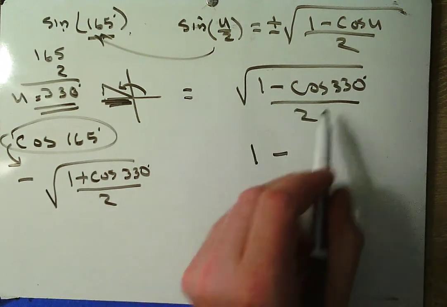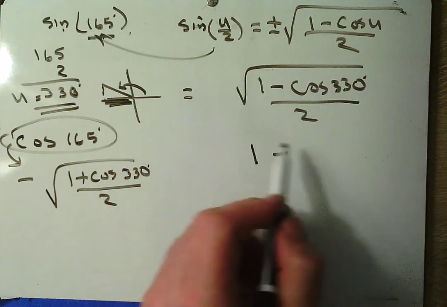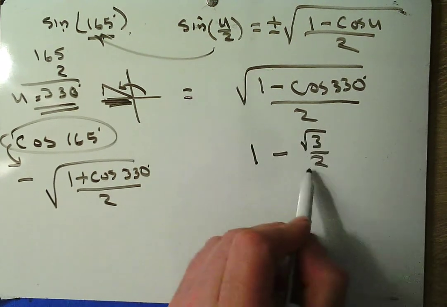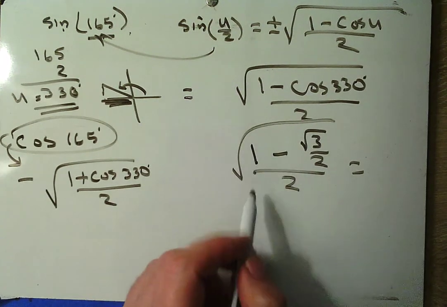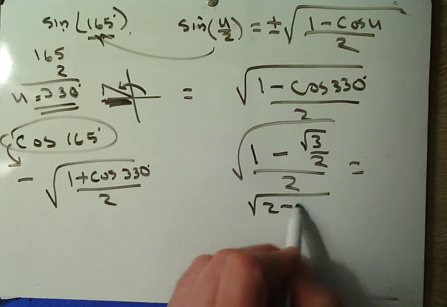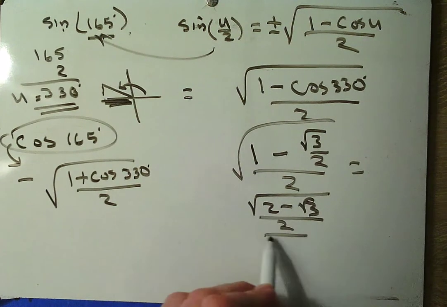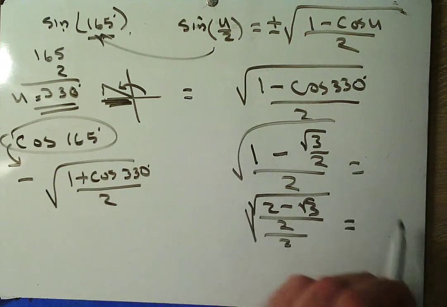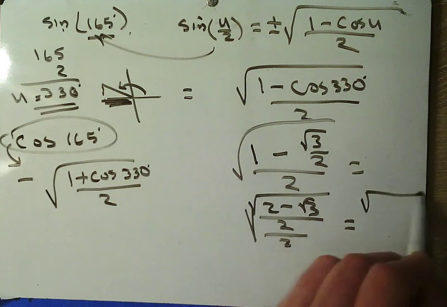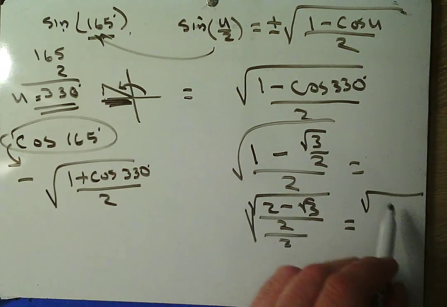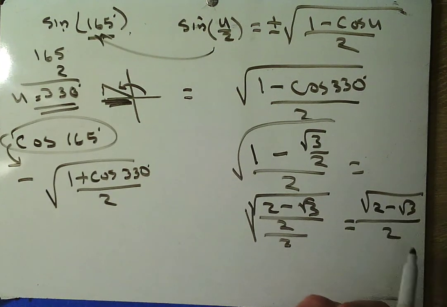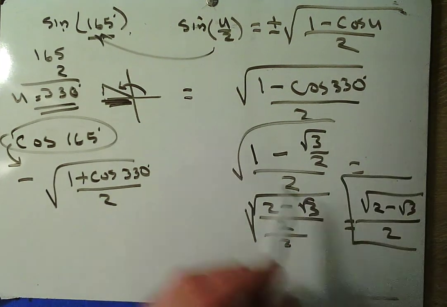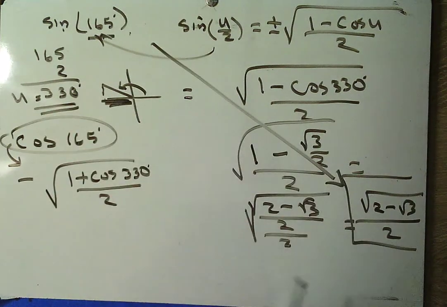We have 1 minus, the cosine of 330 degrees is root 3 over 2, over 2. I do the common denominator up top, 2 minus root 3 over 2 over 2. And yes, that is going to be flip and multiply. And yes, we are going to take one of those 2's out. And so we'll have square root of 2 minus root 3 over 2. That's the sine of 165 degrees.